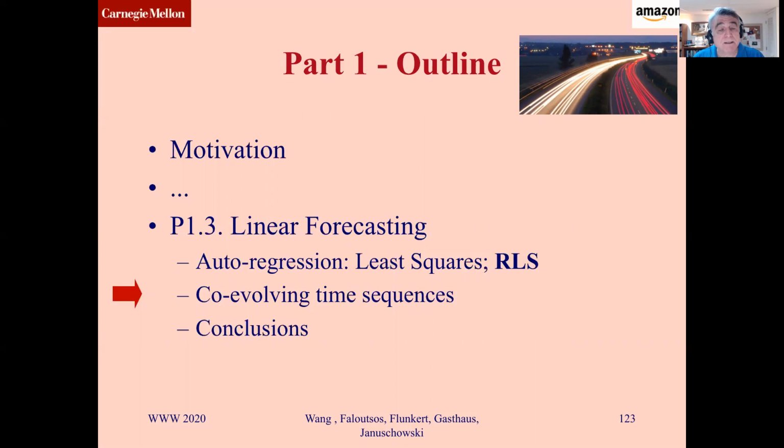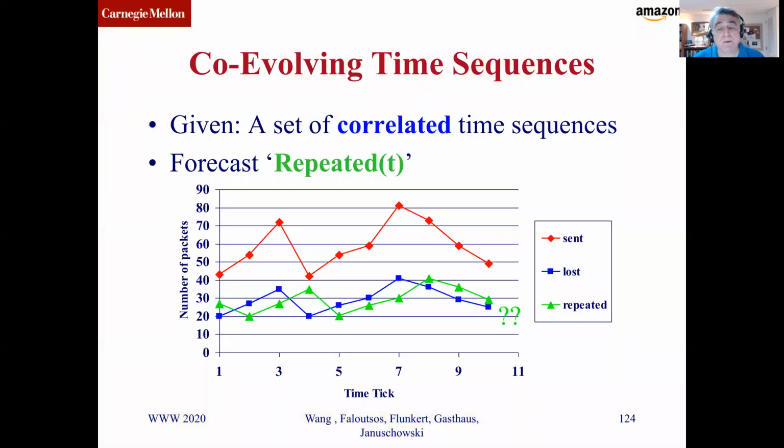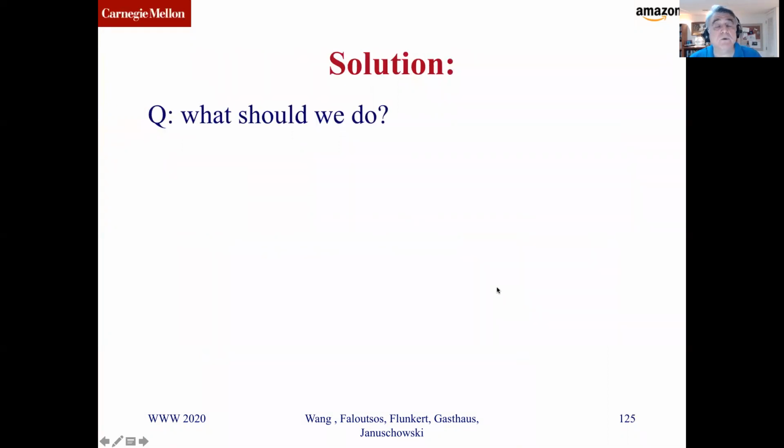How can we handle co-evolving, more than one, time series? Remember, one of the problems we mentioned in the beginning is, what if we have 3 time series: number of packets sent, number of packets lost, number of packets repeated. What will happen on the 11th day, let's say for the green packets, the repeated packets? The problem is mathematically identical to regression.